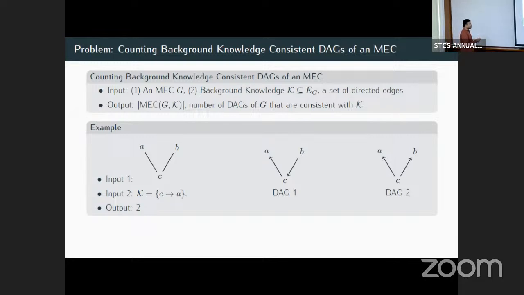Earlier we have seen that there are three DAGs inside this MEC. Now only two DAGs are consistent with C to A. Both have C to A.